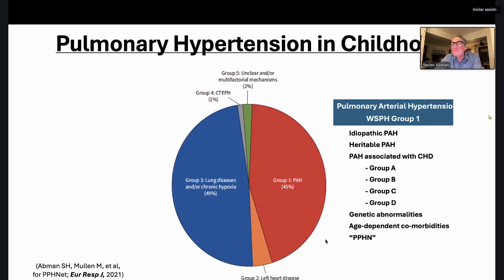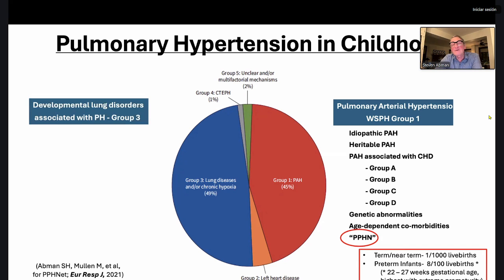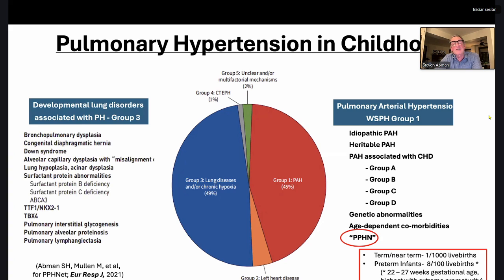But when we looked at our registry from a number of sites, we found that this was actually populated by a significant number of preterm infants, 8 per 100 live births, and more profoundly present in those who are more extremely preterm. And then when looked at this pie, of course, this blue part of the pie is about half the population.